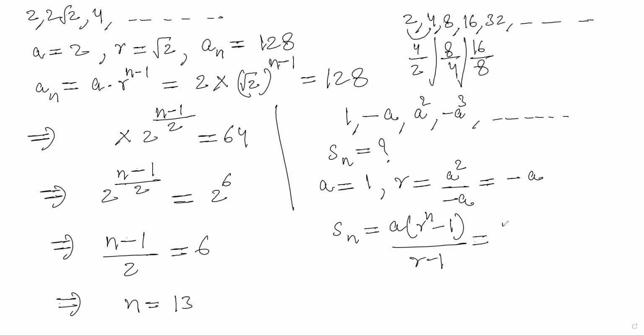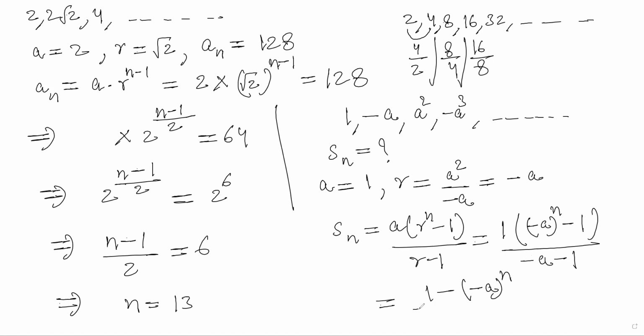First term is 1. r is minus a, so (minus a) to the whole power n minus 1, divided by minus a minus 1. So what will it become? We can take minus common from the bottom, and sending it up, the 1 minus sign will reverse, divided by a plus 1. This should be your Sn.